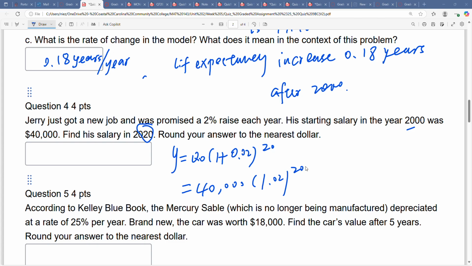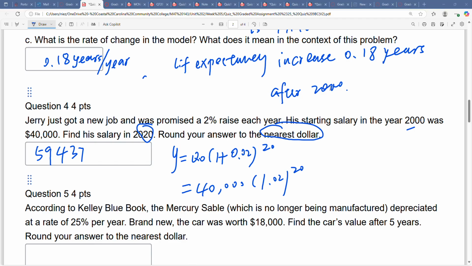Now you get the value, which is 59,347. I don't remember exactly, let's check the answer again. 437. So it's 437, and then the answer is going to be wrong, because they ask you for the nearest dollar. Let's see the answer again.